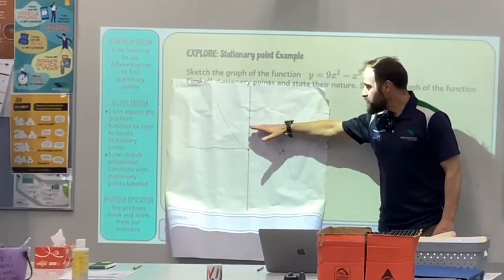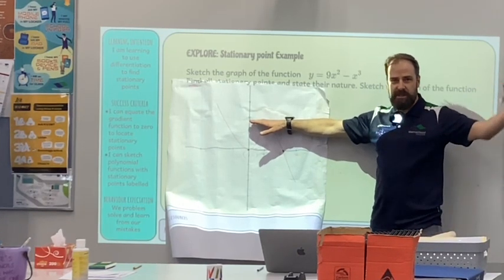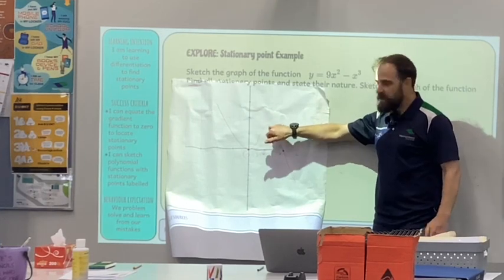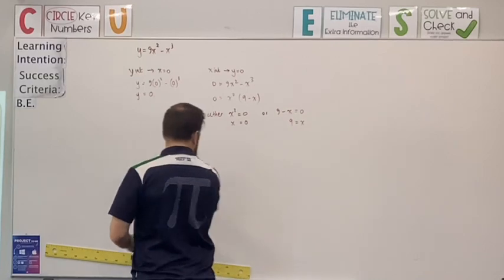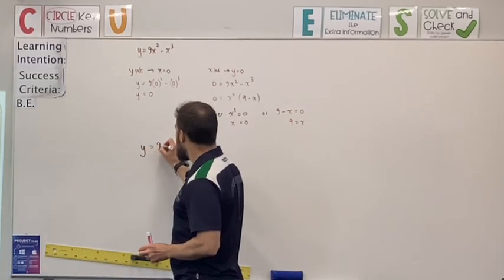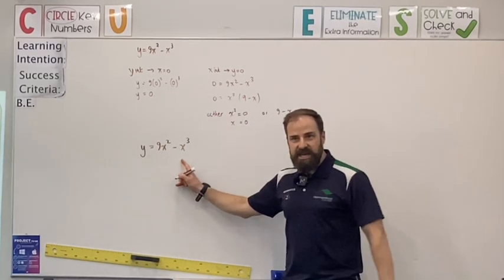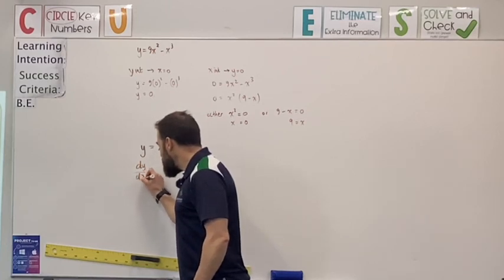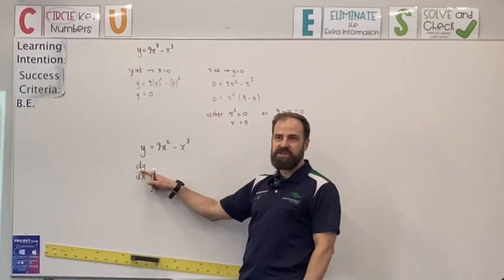We know that this point occurs when the gradient is 0. We know that the derivative gives me the equation for the gradient. So if I want to find this stationary point, I am going to take my rule, y equals 9x squared minus x cubed, and I'm going to differentiate it. And I'm going to use the notation dy dx on this question because I started with y, and that's my normal notation I use when it says y.